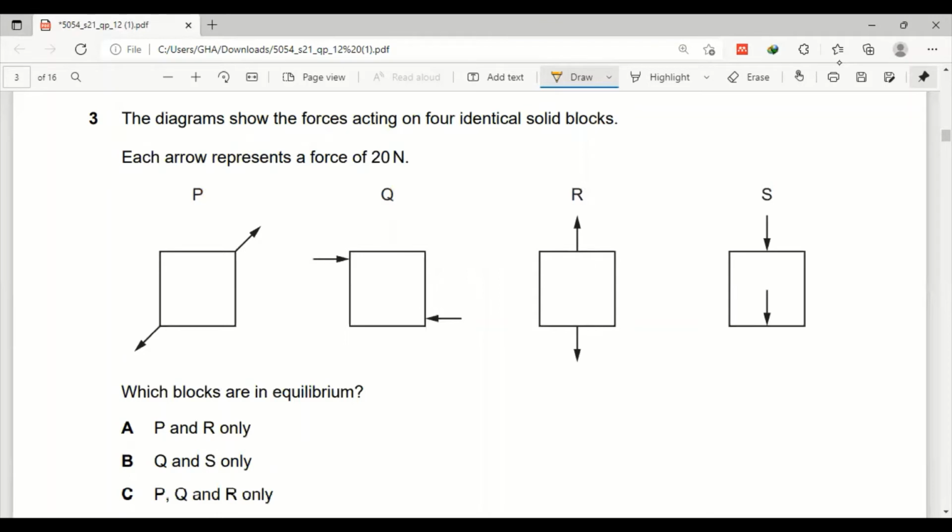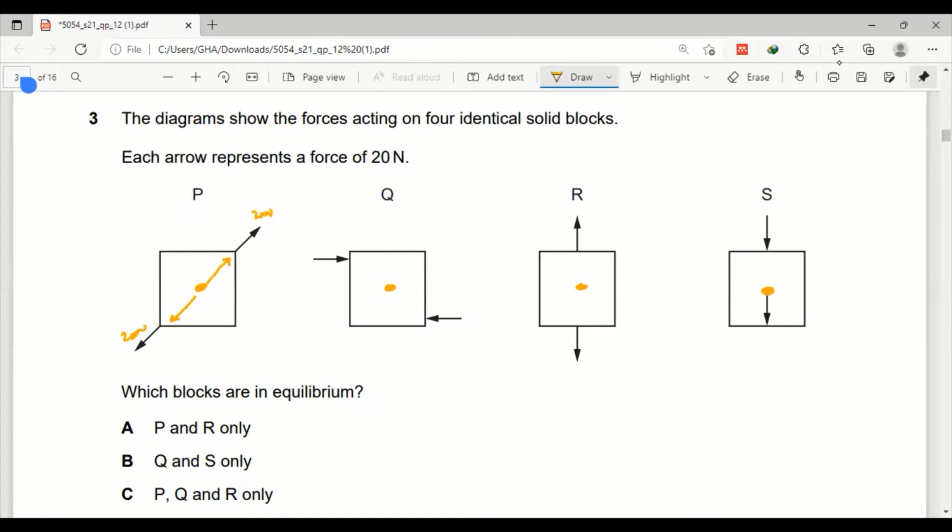So suppose these are the pivots. Now the question is, which blocks are in equilibrium? So look, this force 20 Newton is passing through this pivot, this 20 Newton passing through the pivot.